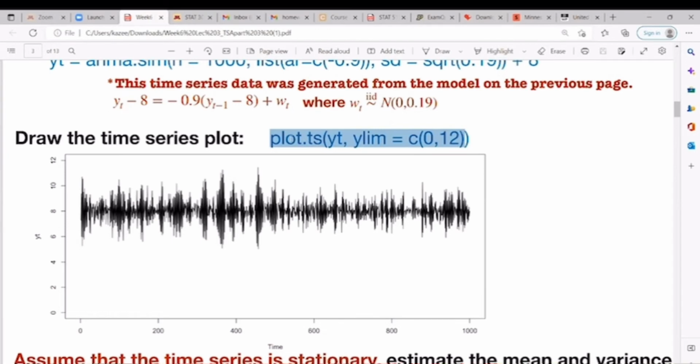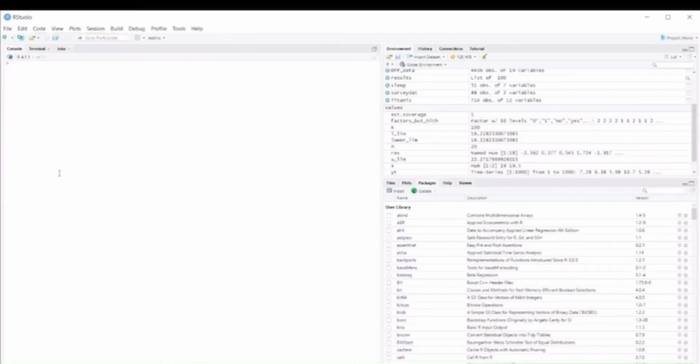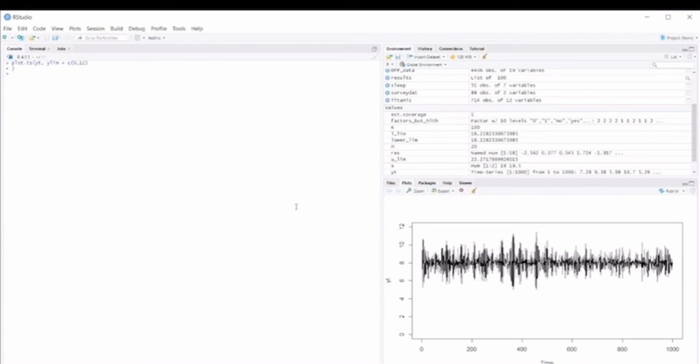plot.ts. TS is time series. If I copy that and go back into R, I already have my YT. Take a look at that. You've generated a time plot. This is a time series graph.